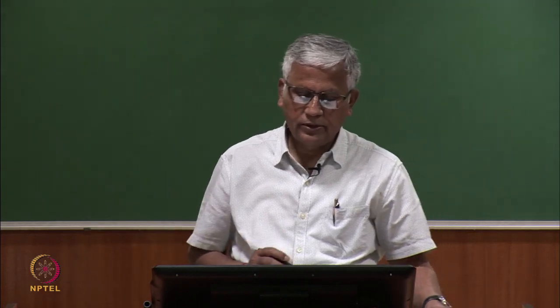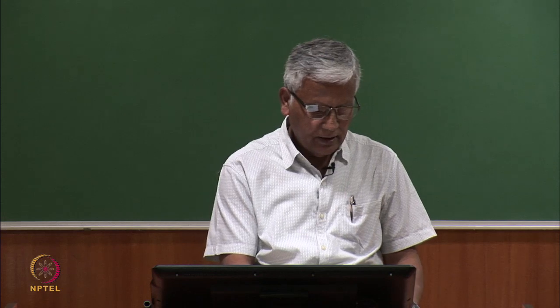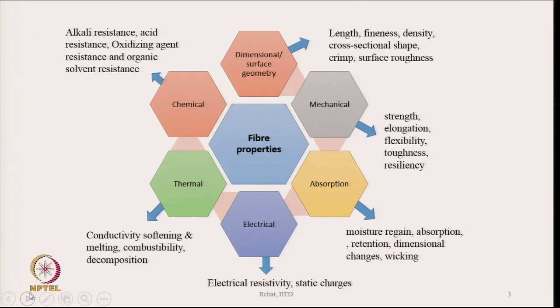Now, what are the properties which are coming under, let us say, dimensional or surface related property of a fiber? These are basically length, fineness, density, cross sectional shape, crimp, surface roughness. These are all basically properties related to dimensions.